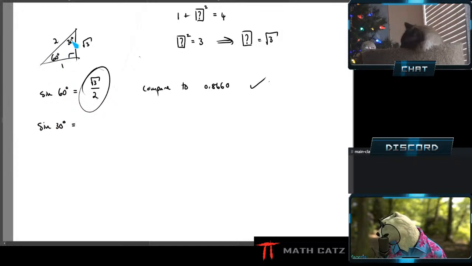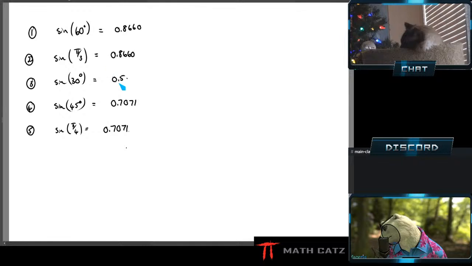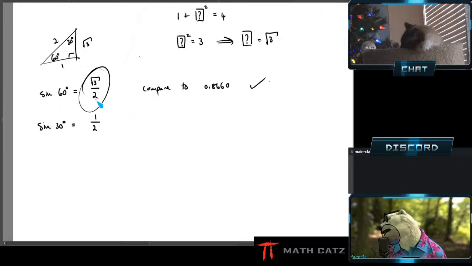So for 30 degrees, opposite is 1 over hypotenuse 2: 1/2. So I have to pick the correct perpendicular side relative to the angle that I'm looking at. Very important.